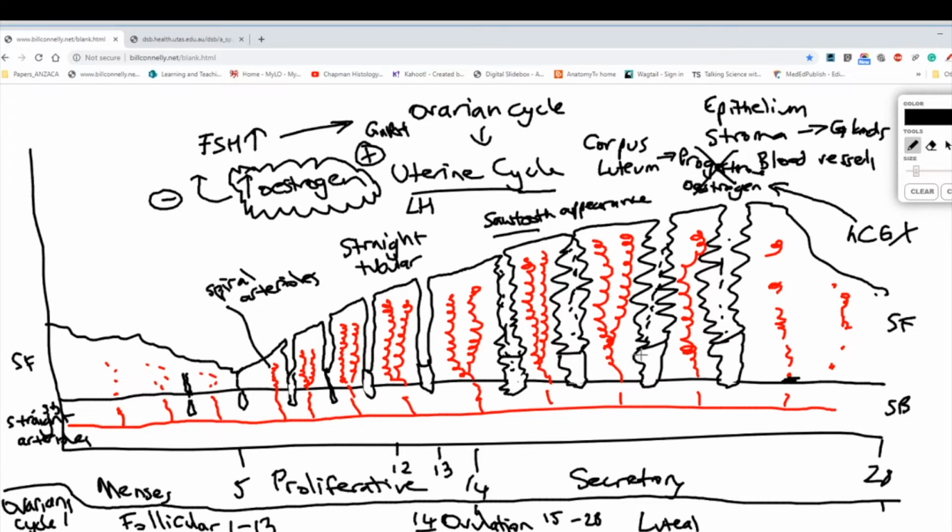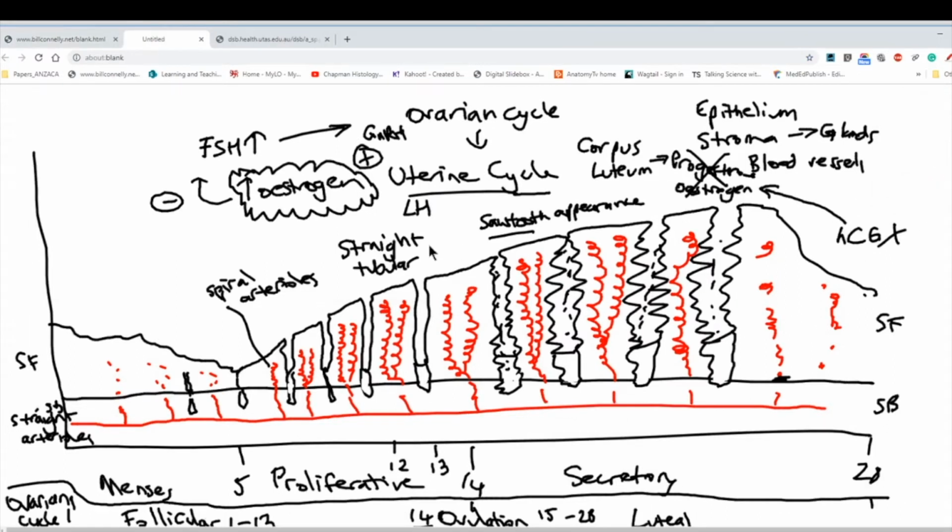I'm not 100% sure about exactly at what level, but generally speaking it's the spiral arterioles which undergo the constriction and the ischemia, and the stratum functionalis is shed. So it may be at the upper level of the straight arterioles. All right, so that's really the menstrual cycle, very messy menstrual cycle here.